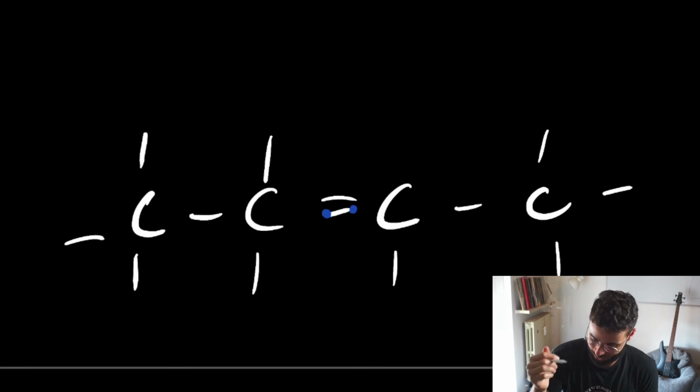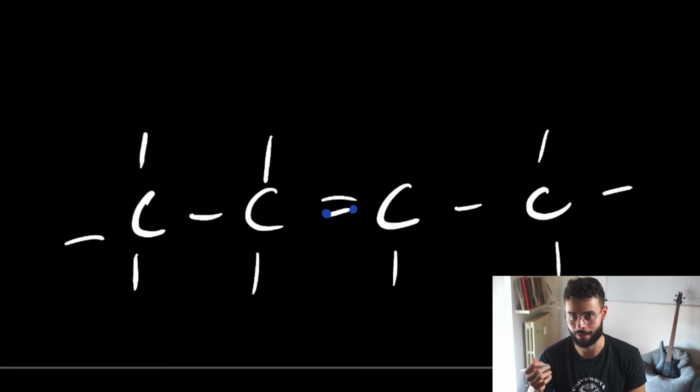Just know the fact that you can have a single bond, double bond, and triple bond between different atoms, and especially carbon atoms, because carbon can create 4 bonds with different atoms, but it can also create double and triple bonds among itself, among the different carbon atoms inside a molecule or other atoms.